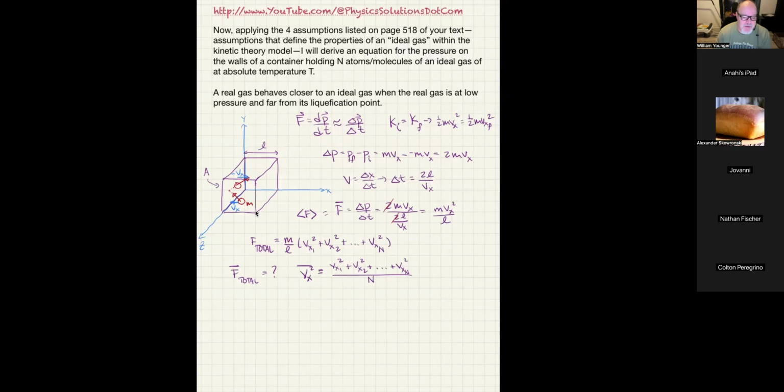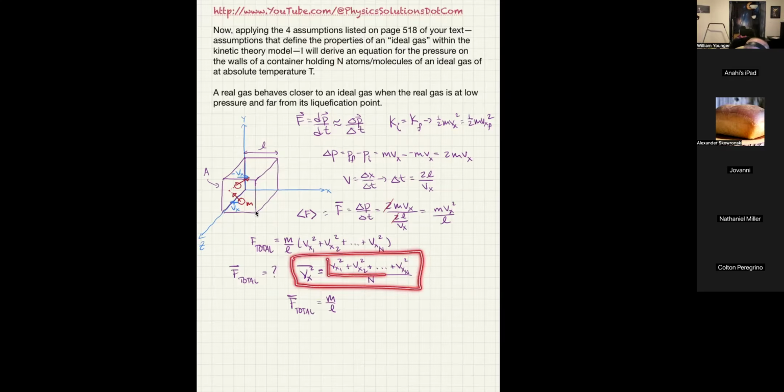With that in mind, we can say that F total on average is going to be M over L. Now, if I multiply both sides by n, then on this side I'll have just this quantity, which is exactly the same thing as that.